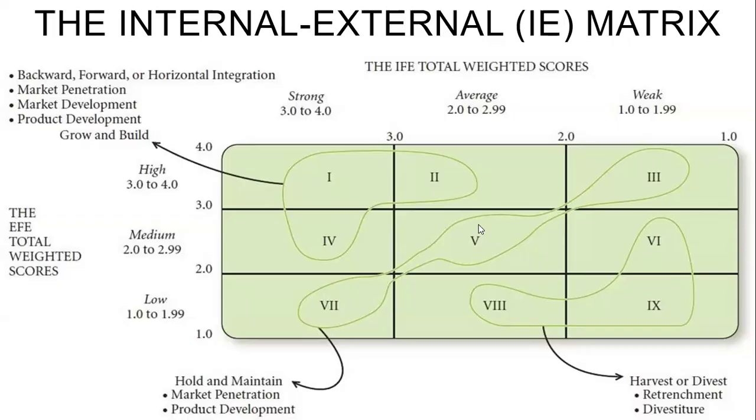And for that reason, there is the need to exit that particular industry where you may decide to retrench or divest. So that is the IE matrix. Any question on the IE matrix?